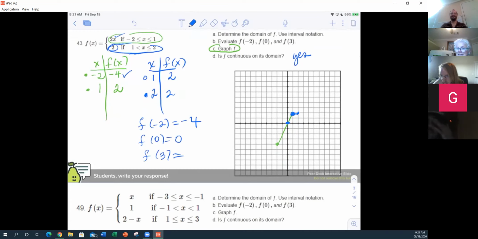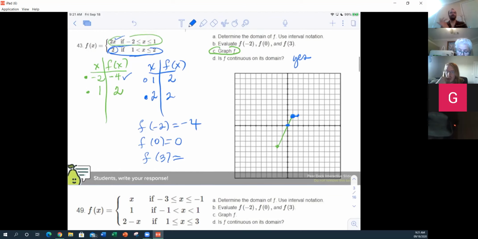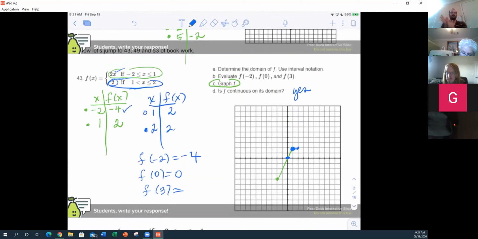Okay. For that one, is it going to be 2? All right. Hunter, what do you think? I still get confused on how I know which equation to use, either the 2x or the 2. Well, if your number is -2, -1, 0, or 1, or any fraction in there would work too, but we're probably not going to give you fractions, you would go here, because that says x is between -2 and 1.